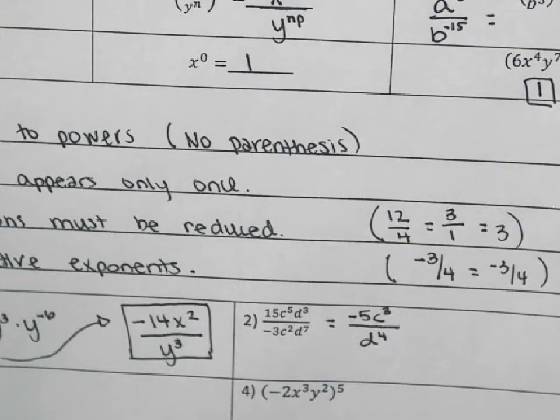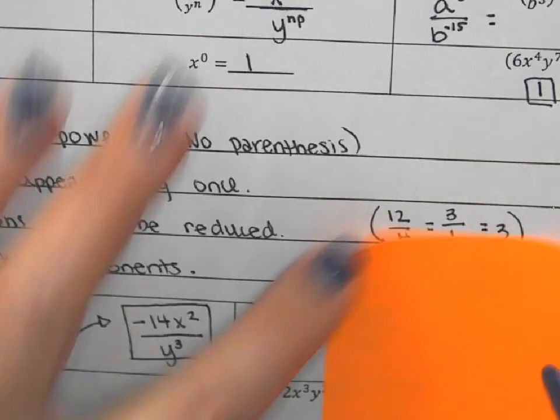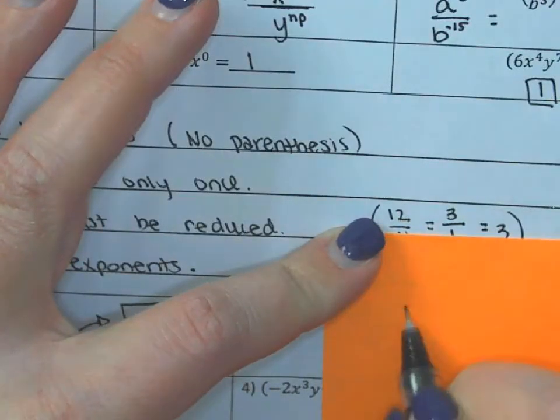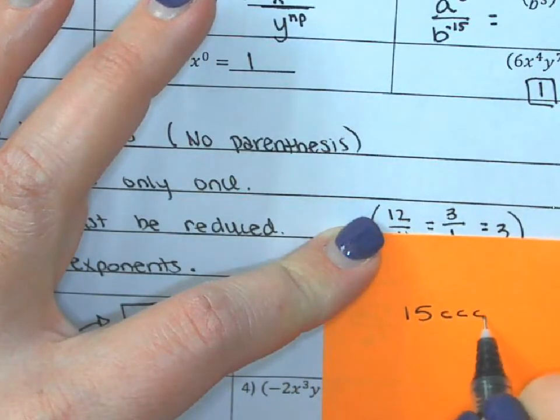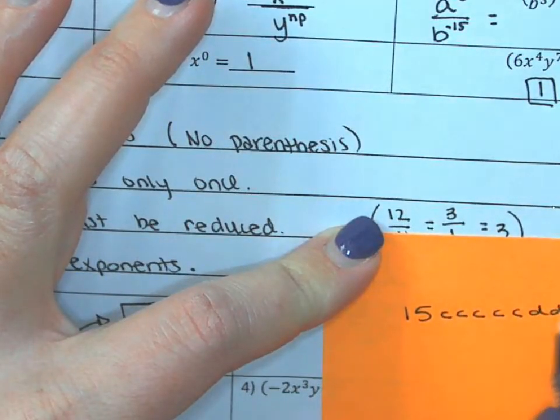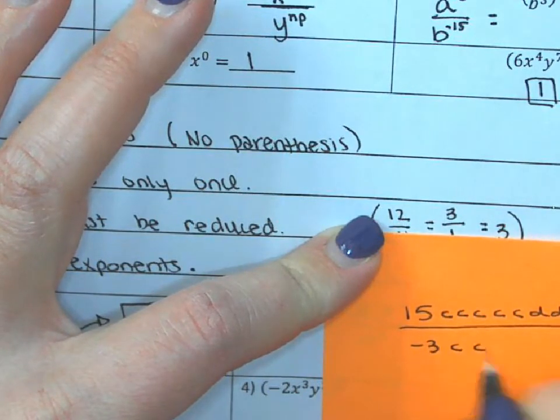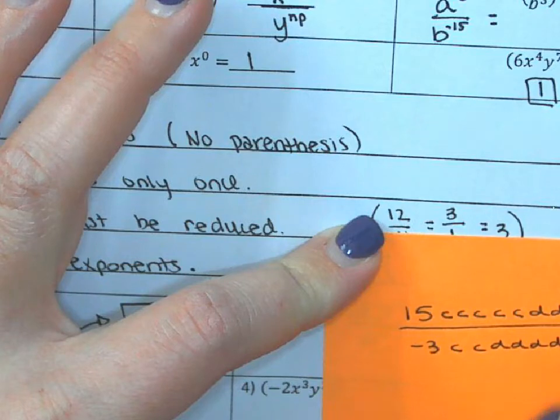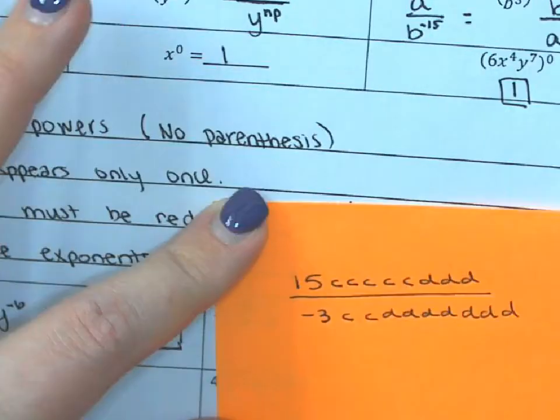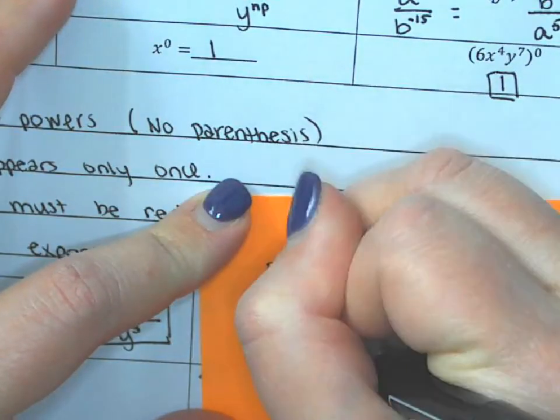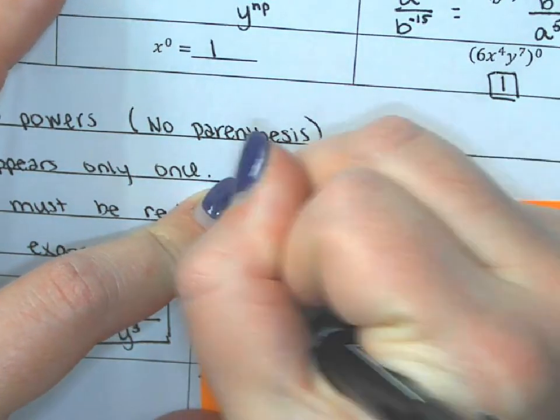Now, the reason why I was looking at where there's more of them, and knowing that's where my answer is going to reside, is because I could write this all out. 15 over negative 3 reduces to negative 5.